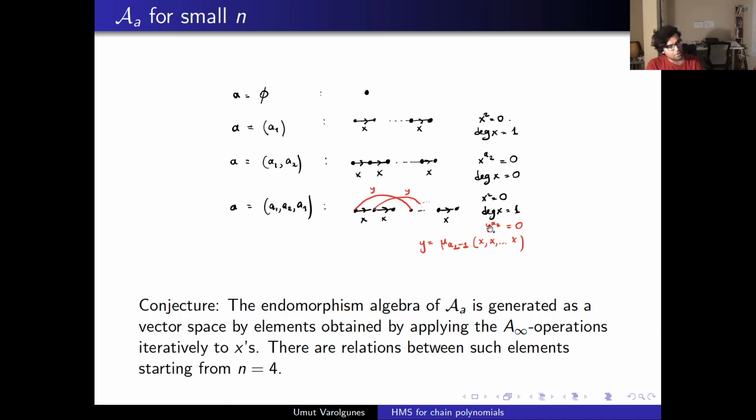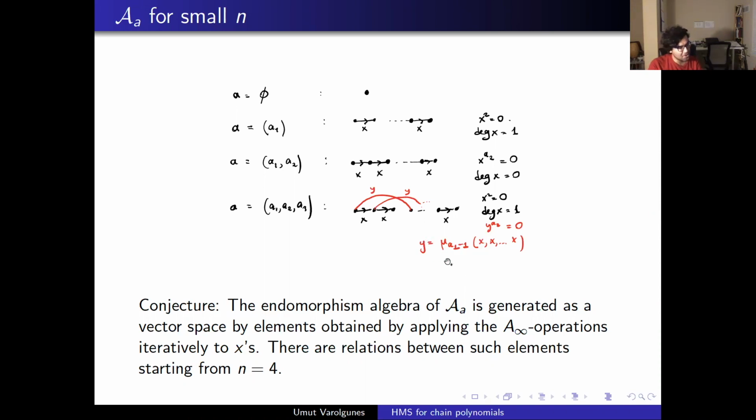This one is also nilpotent with some order. But the interesting thing is that this y is obtained by applying a non-trivial A infinity operation in A1 minus 1; if you put in x to all the slots, you're supposed to obtain this y.